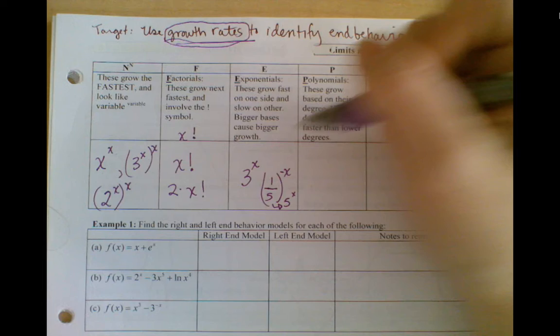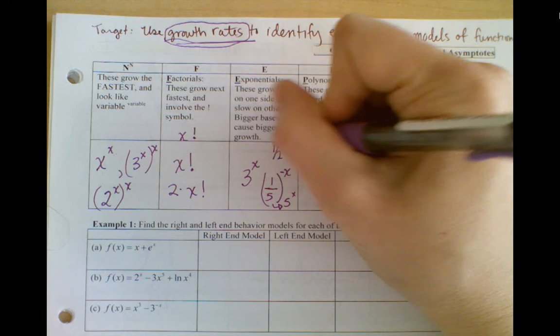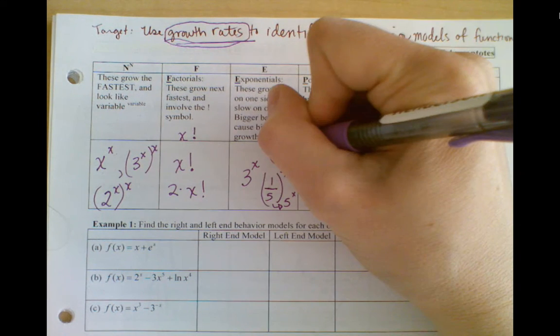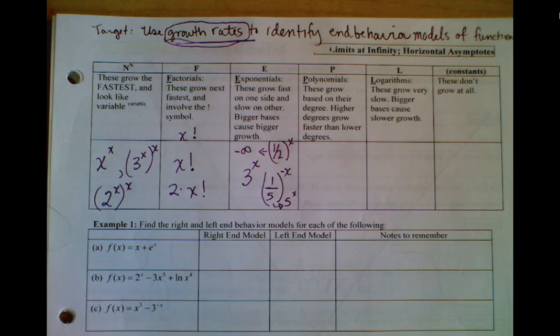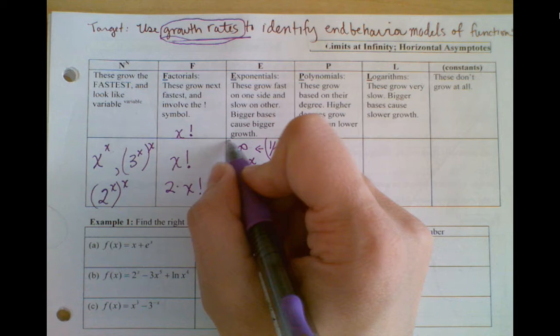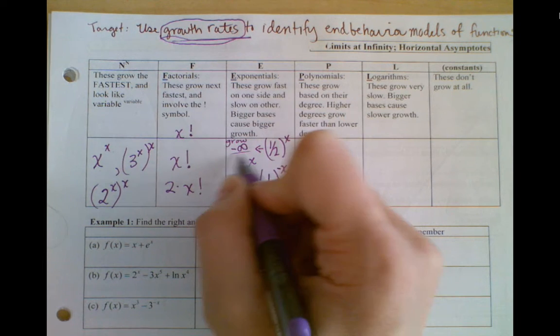You could also do something like 1/2 to the x, and that's going to grow really fast as you go to negative infinity, but it's going to get really small as you go to positive infinity. So they're going to grow really big in this direction.